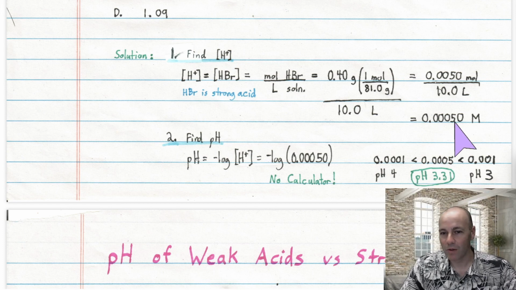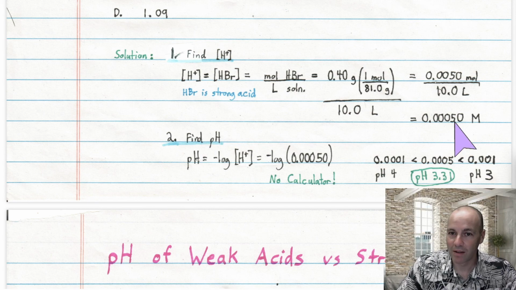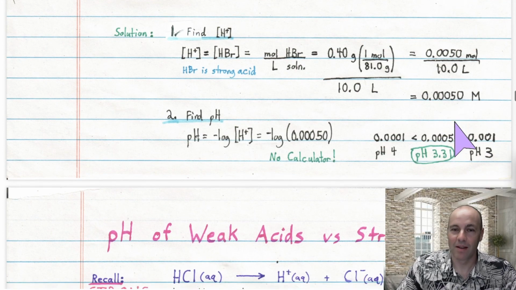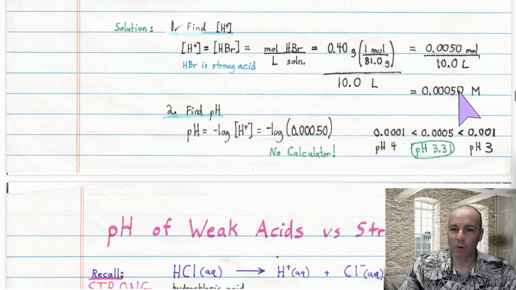Now, can you tell me what pH range this lies between? Well, yes, you can. 0.0005 molarity is less than 0.001 molarity, but it's greater than 0.0001 molarity.